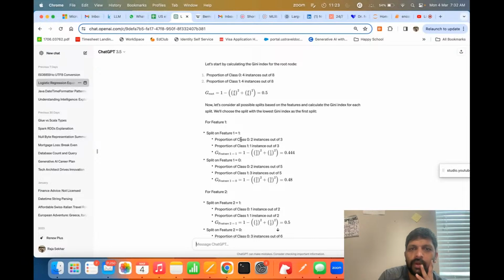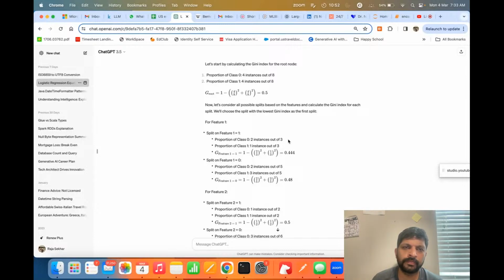So feature one equal to one, you get class zero two times out of three. Let's look at this.